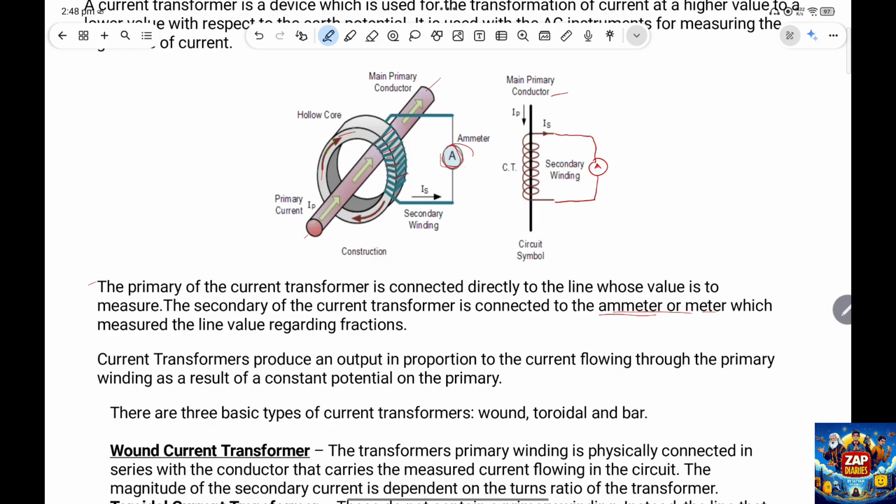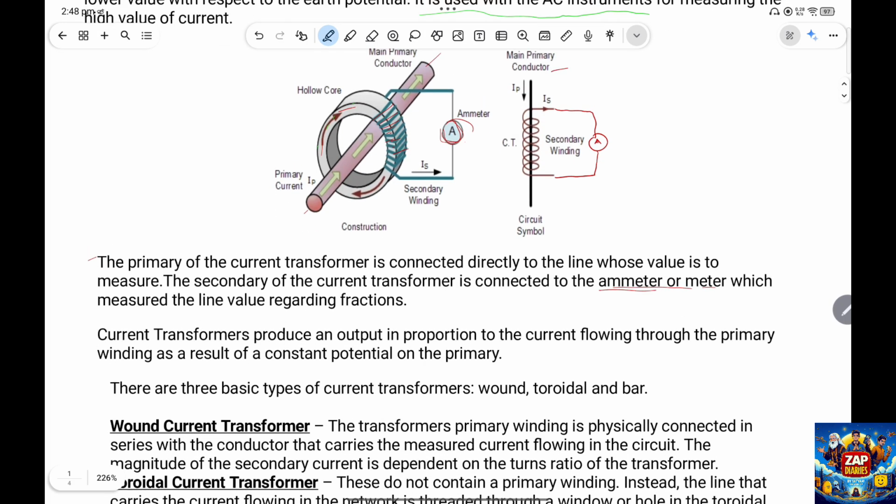So what a CT does is it steps down the current to a proportional one. You take like 1 is to 32 or like 1 is to 16. It converts the current into some proportion and gives us the value.